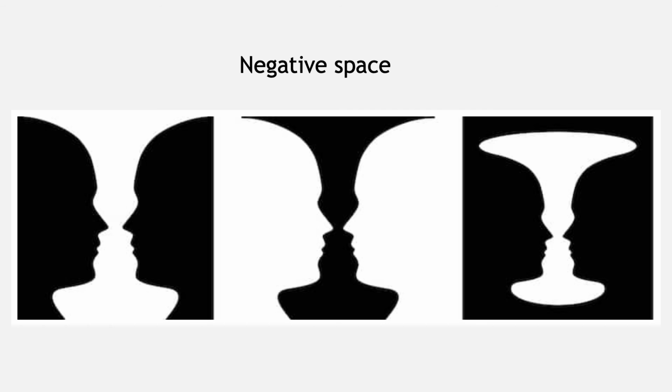So then if we go over to this next slide, you can see that the colors have been inverted. So how this can be used as a tool is if you were to draw the space surrounding the faces rather than drawing the faces themselves.